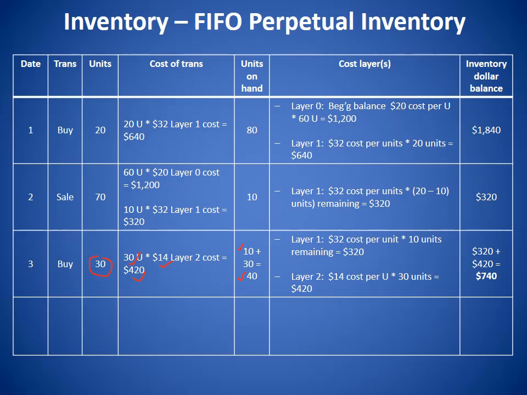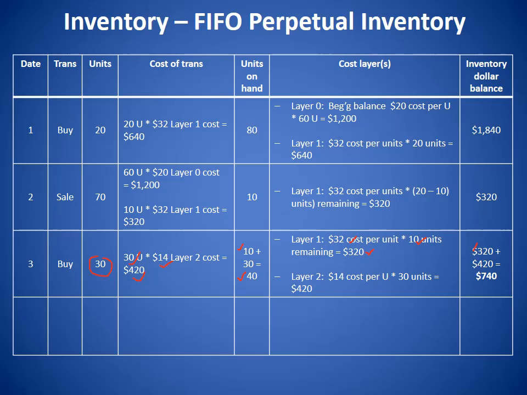And now I can basically construct the inventory dollar balance based upon our layers. In layer 1, we have 10 units remaining, which means $32 cost per unit times 10 units remaining means that layer 1 has a value remaining of $320.